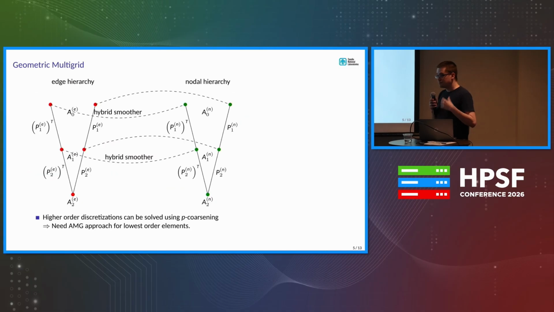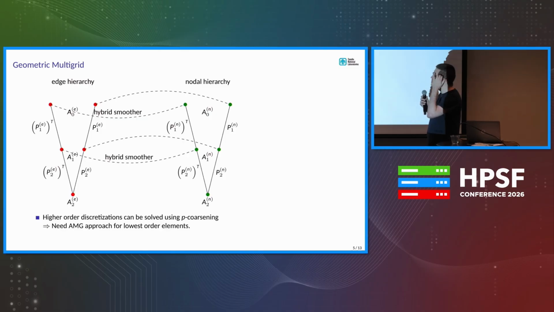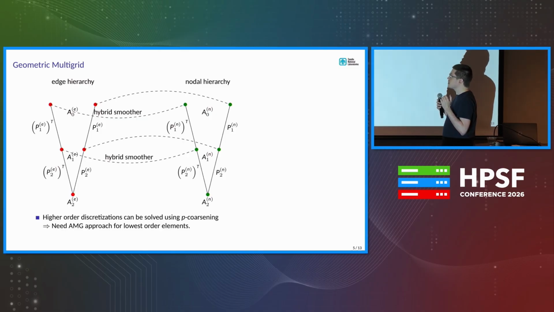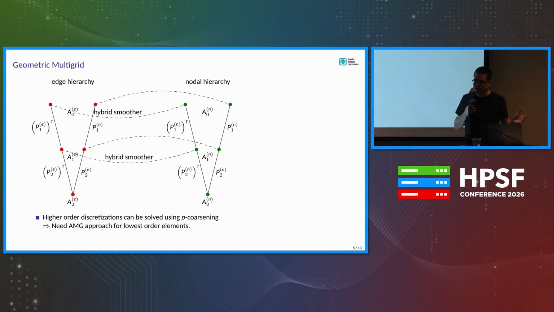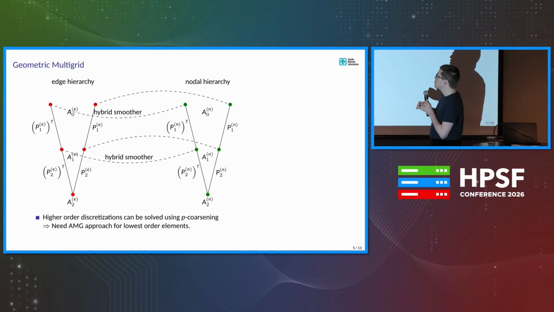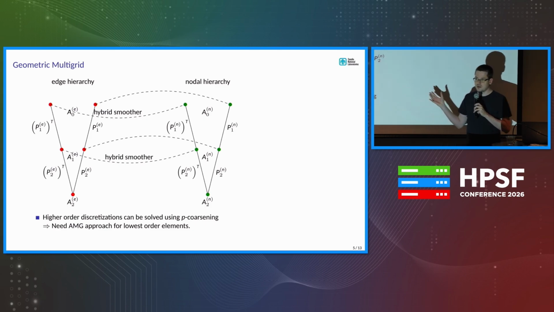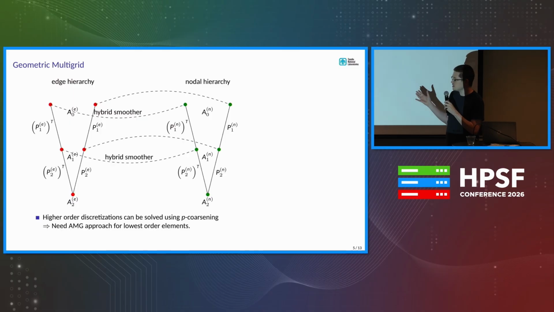All right, so obviously, we don't want to just use a smoother. We want to actually use algebraic multigrid for all of this. But let's take a step back and think, how can we use geometric multigrid to make this work, and what are the steps involved? We have our two subproblems, an edge problem and a nodal problem, so we'll construct two multigrid hierarchies for this.